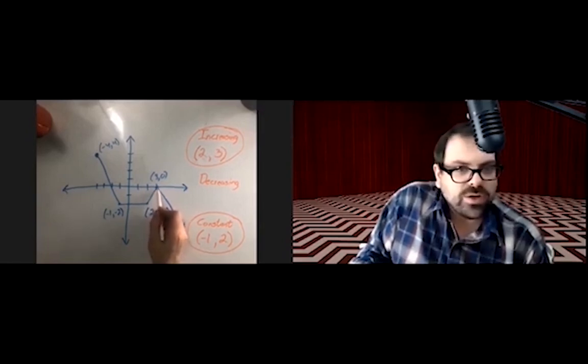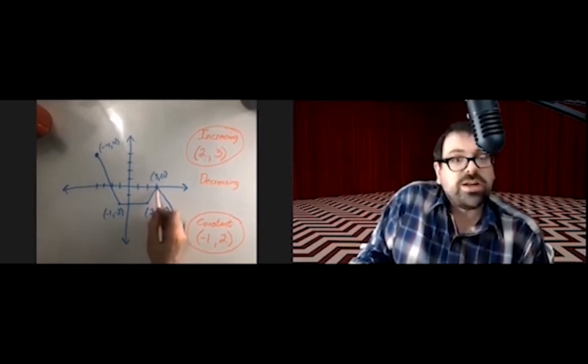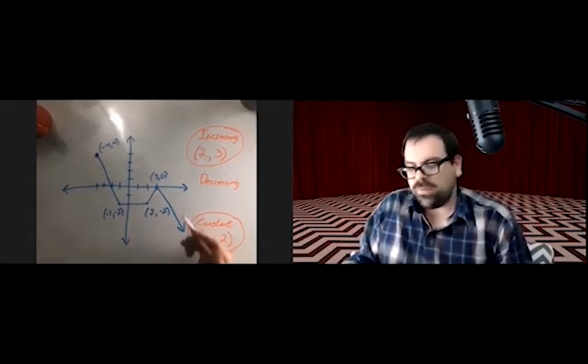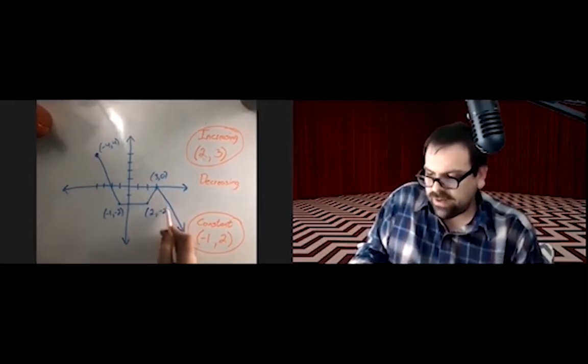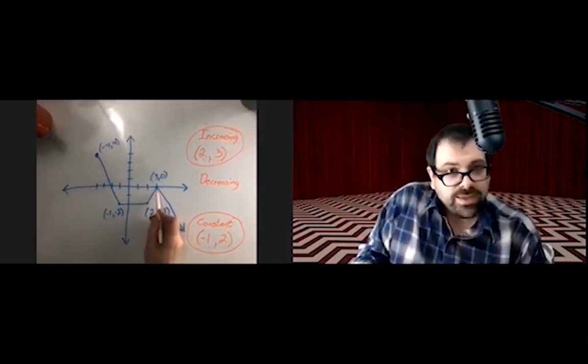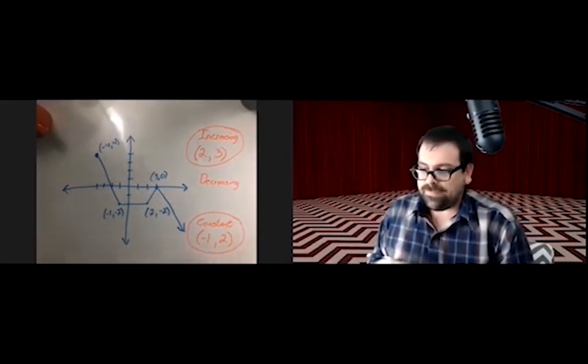We're not going up, we're not going down. It's just a point. So that doesn't get included in where we're going up and in where we're going down. We go up to there, we go down from there, but at that point, we're not doing anything. And that's why we can't include that point. That's why there's no square bracket on the 3.